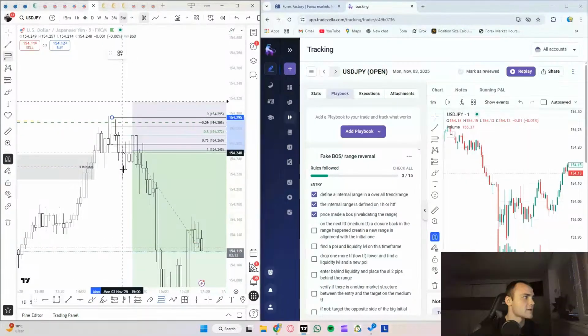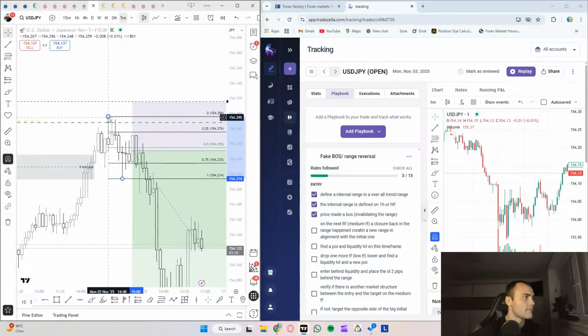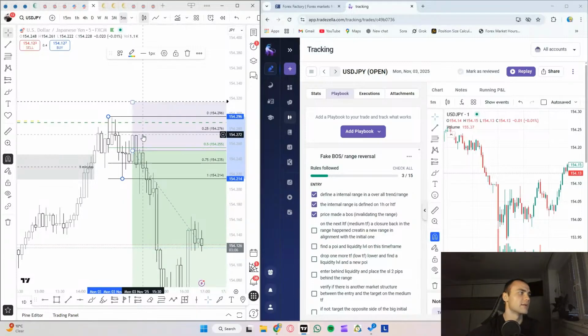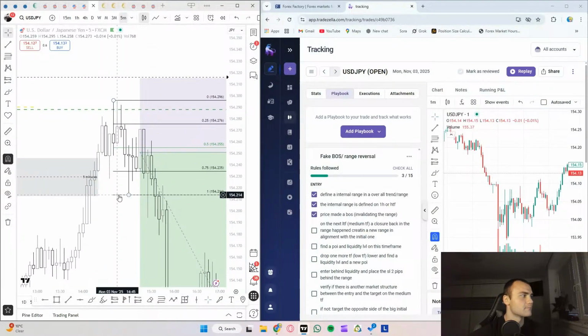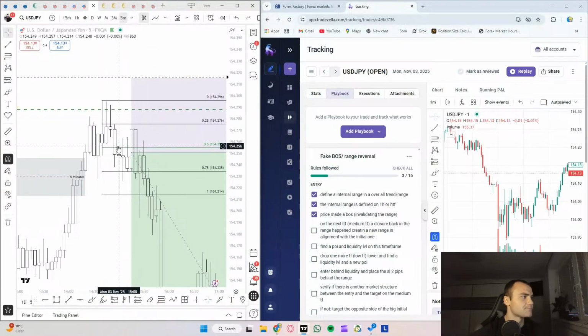When we measure the range, basically I didn't catch the move and I was like, damn. But we showed some liquidity level, right? And this was my liquidity level. A POI was this order block here. And then I place a limit order here, stop loss 2 pips above it. Okay, let's check the playbook.